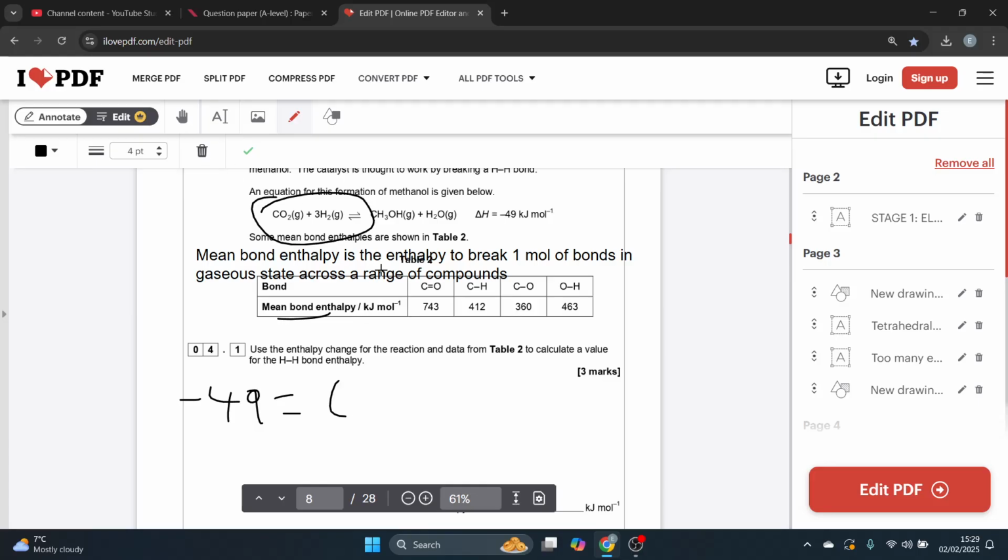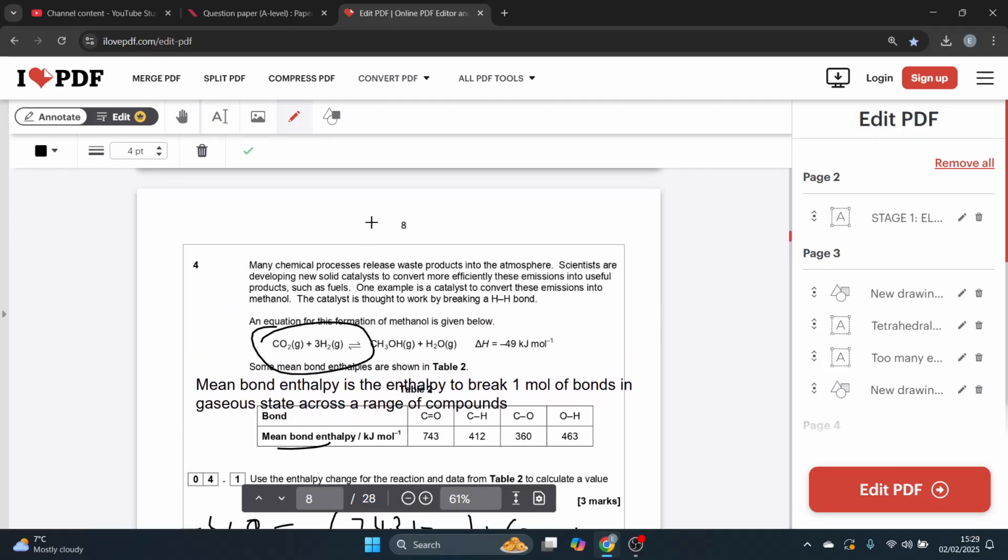Energy required to break bonds: two C=O in carbon dioxide, so 743 plus 743, plus 3 H-H, well, that's what I'm trying to find, so 3y, minus CH3OH. Now I draw that out. CH3OH.